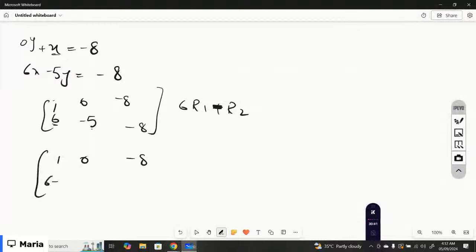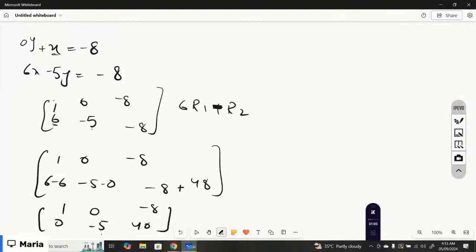So 6 minus 6, negative 5 minus 0, negative 8 minus 6 times negative 8, which is plus 48. So that is 1 0 negative 8, 0 negative 5 and 40.